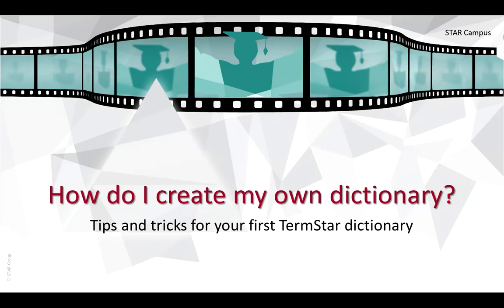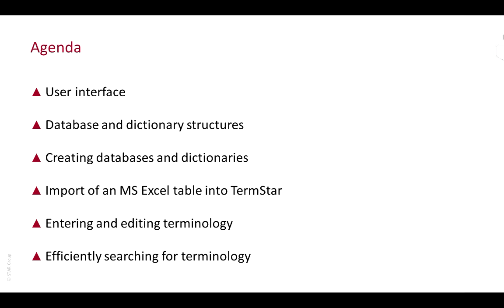This webinar aims at giving you an introduction to working with our terminology tool, TermStar Next. Our topics are the following: user interface of Transit and TermStar Next, database and dictionary structures. I'm going to show you how they're all organized. I'm also going to create a database with a dictionary with a few clicks.